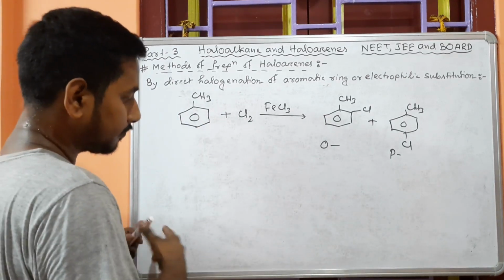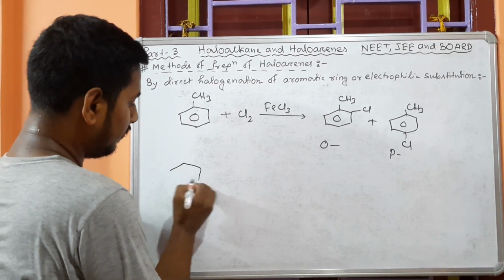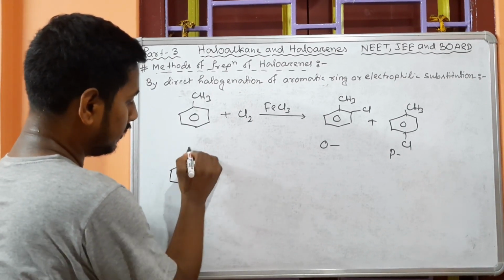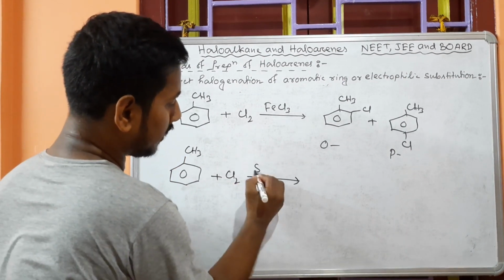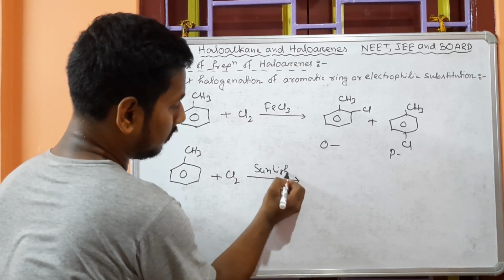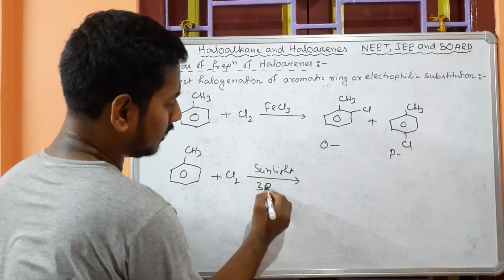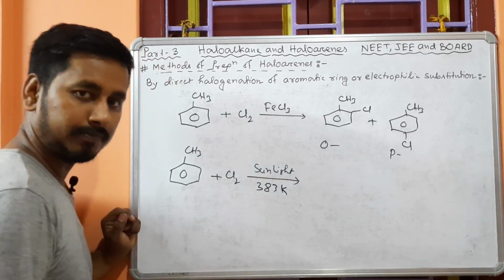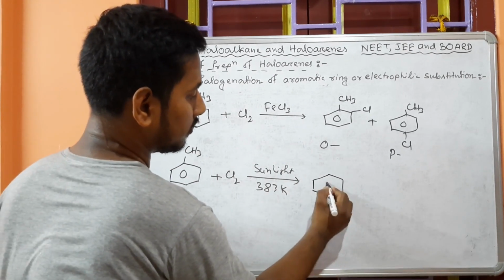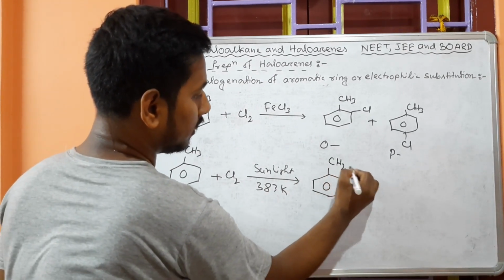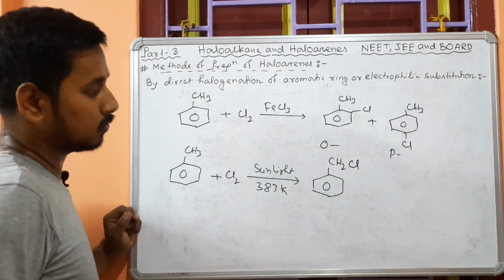Okay, now if you have toluene, say this is toluene, and you give chlorine but in presence of sunlight at near about 383 Kelvin temperature. In that case you get a substitution reaction and you get this product, CH2Cl.